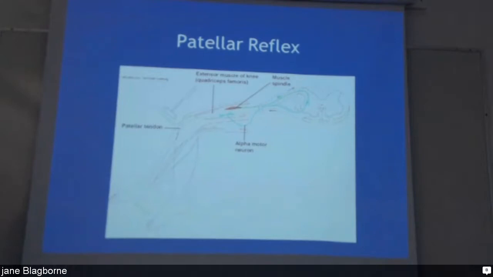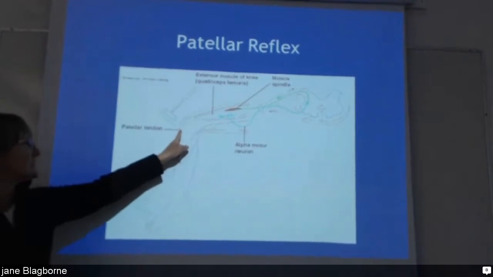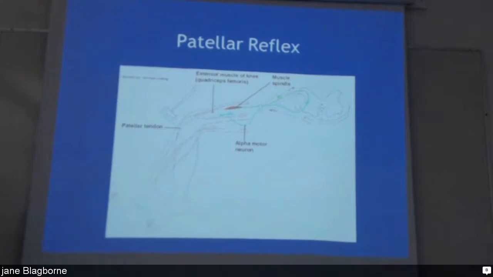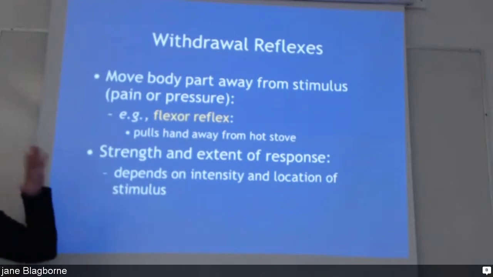Plantar reflex, patellar reflex is the one where they hit that tendon and it jerks up. Reflexes are used by doctors, mostly with babies, to check the maturity of the baby's nervous system.